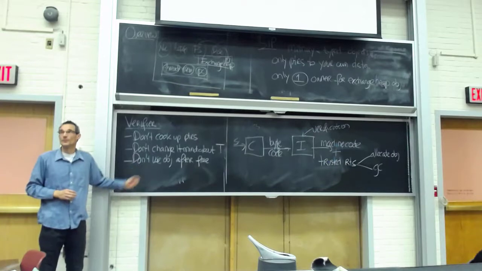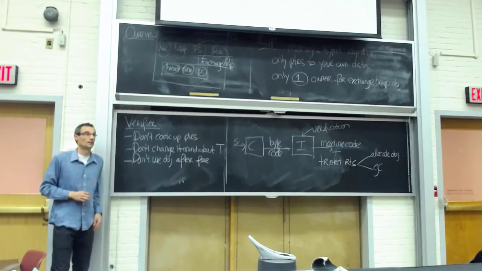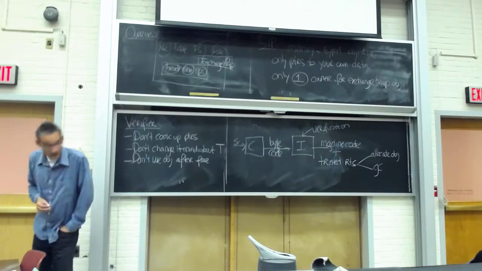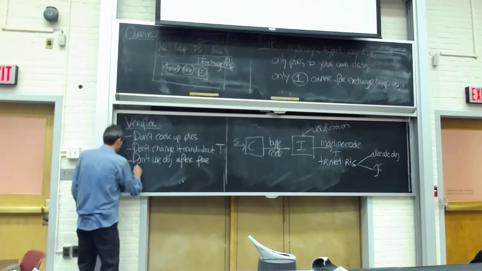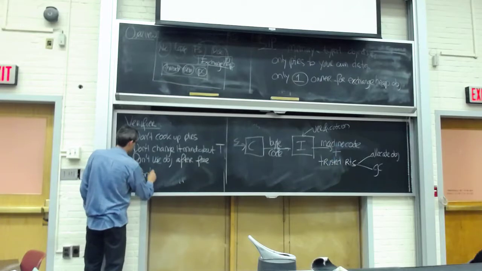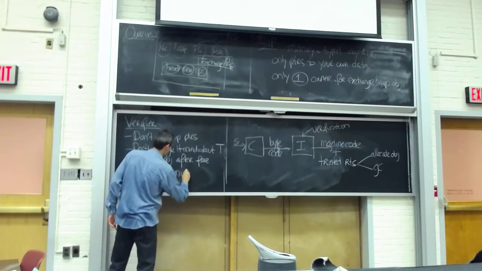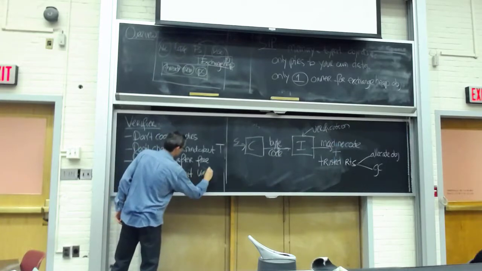And so the verifier has to double check that this doesn't happen. And finally, presumably the verifier needs to check: don't use uninitialized variables.